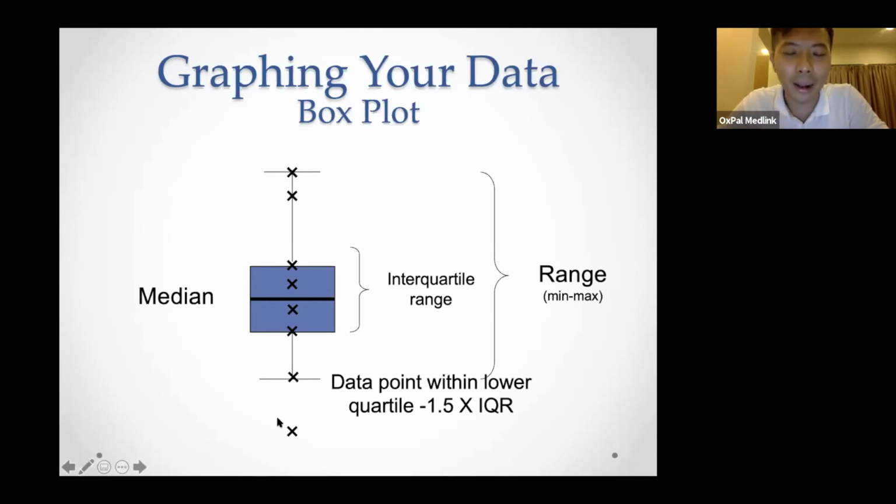Sorry, I'm a bit tongue twisted at this moment. So I say again, we draw the whisker at a data point that is within 4.5 of the lower quartile. So imagine there's an imaginary whisker here, but there's no data point here, so we draw it at the data point that is within this imaginary whisker. And anything that is not within 4.5 will be considered an outlier.